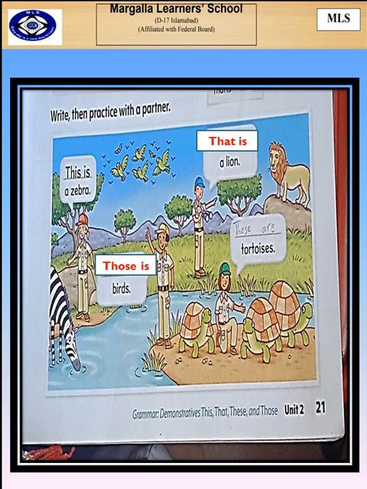And in the lion section, as you're pointing out and that lion is present far away and is only 1 in number, so that will be, that is a lion. And as the tortoises are present closer and you're just telling someone about those tortoises and they're more than one in number, you're going to use these. That's all for today.